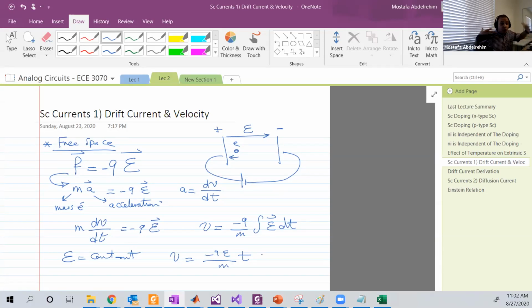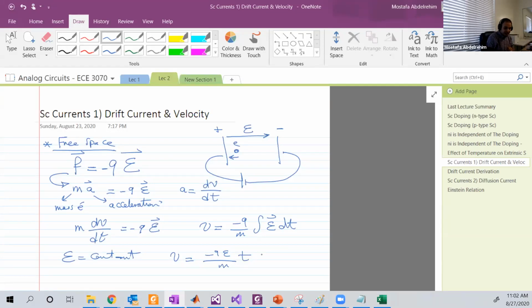The electron will move freely in this field, but in the opposite direction of this field, with some acceleration or some speed that changes with time, and everything is okay. This is in free space. The bottom line here is that in an electric field, the electron will move.